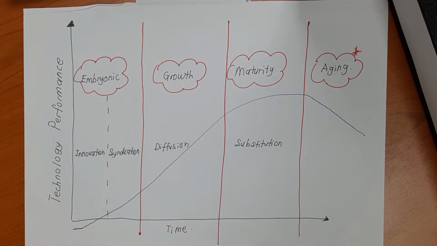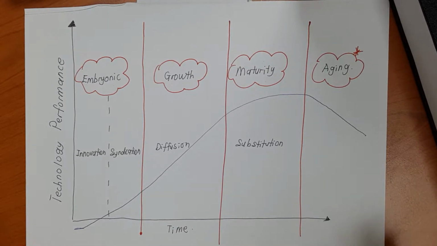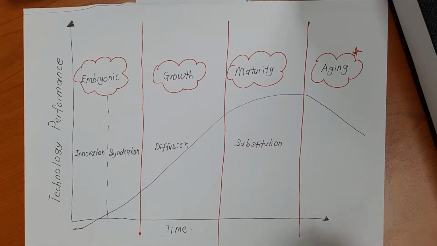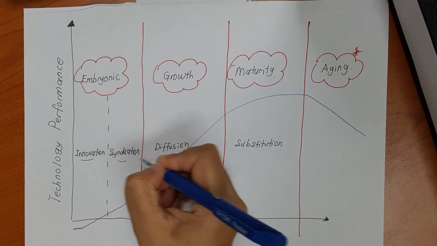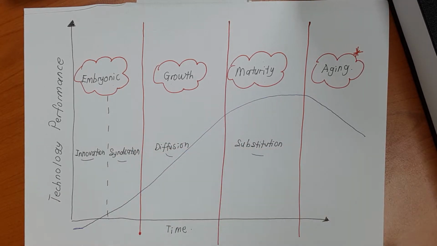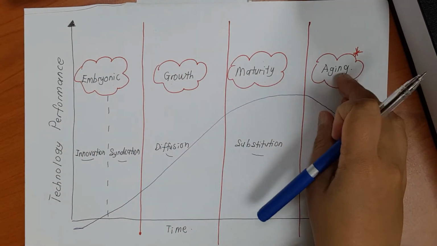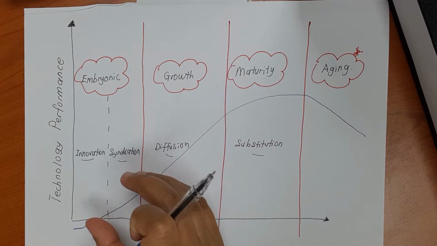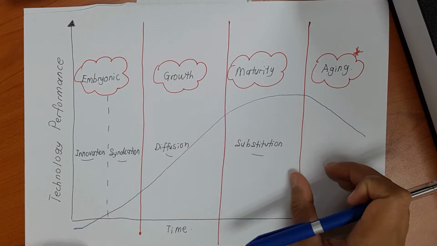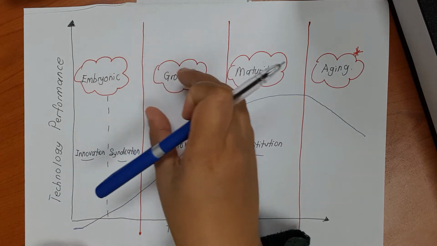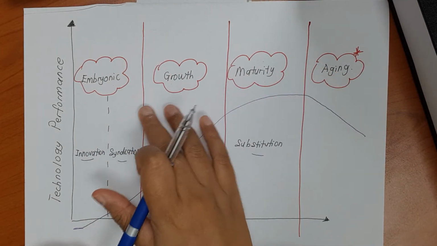So we go to the explanation one by one for each phase. These are the stages, but this one is the phases of the technology itself, and this one we call the market stages.